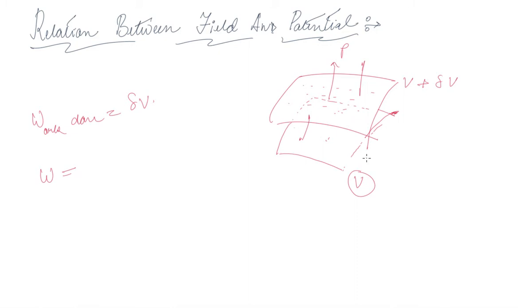Say this is VA and this is VB. The work done is VB minus VA, which is nothing but your del V. So in different ways you can come to this conclusion, that this is del V.